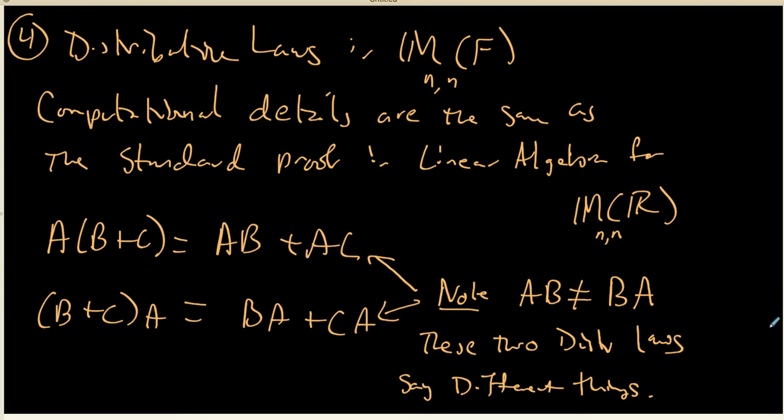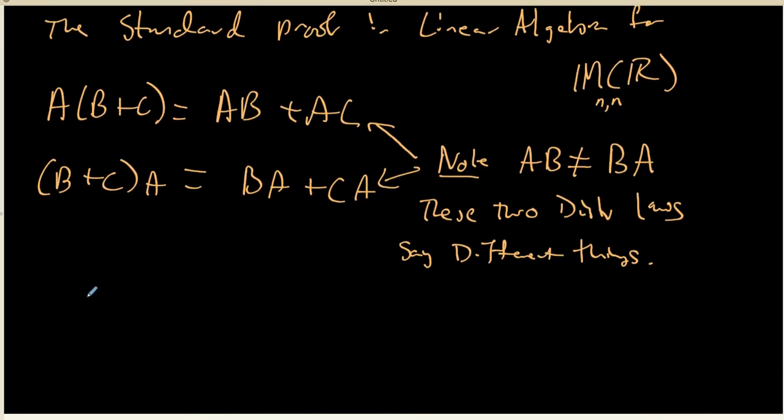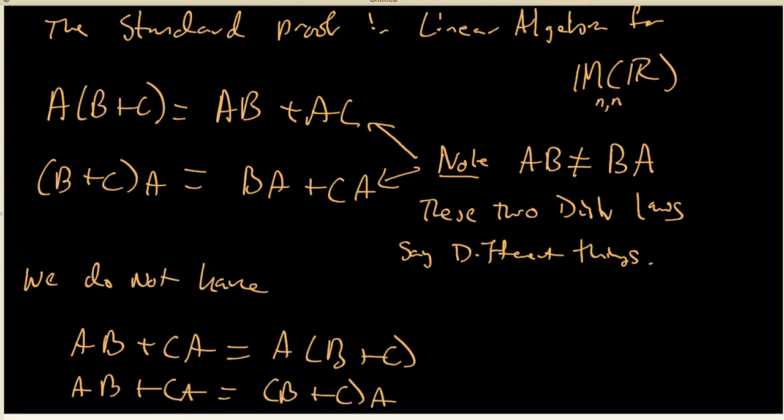They say that you can only factor a matrix out if it's on the same side of both of the terms. So in particular, we do not have AB plus CA equals, say, A times (B plus C), and we do not have AB plus CA equal to (B plus C) times A. So neither one of those things works in a matrix ring, just like they don't work back in your standard sophomore course in linear algebra.